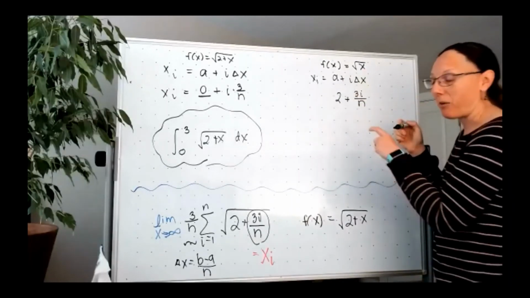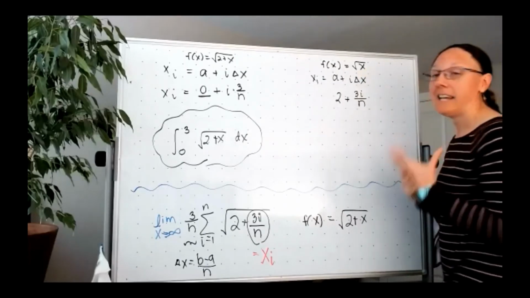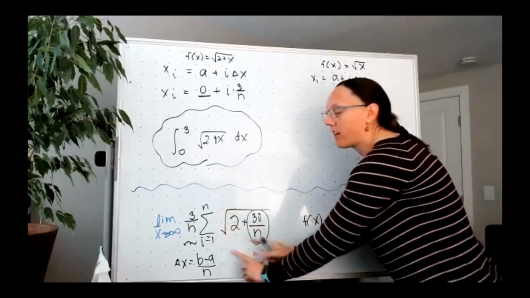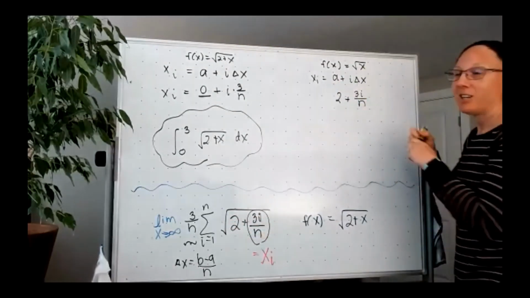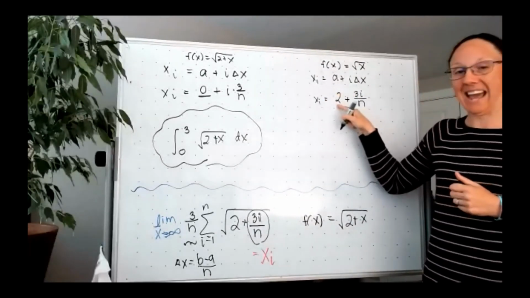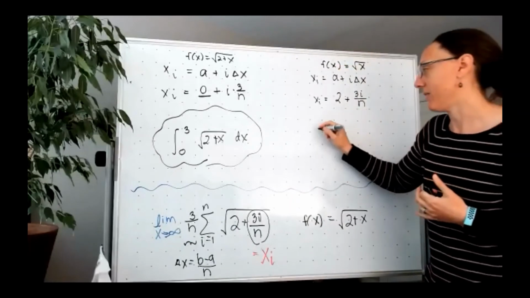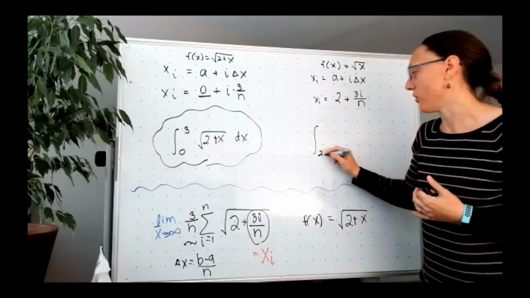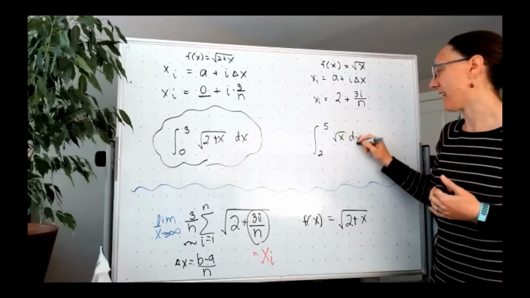Because my function was just the square root of x, we take everything under the square root and call that x. That determines that my a is equal to 2. So if I wrote it this way, then my integral would go from 2 to 5 of the square root of x dx.